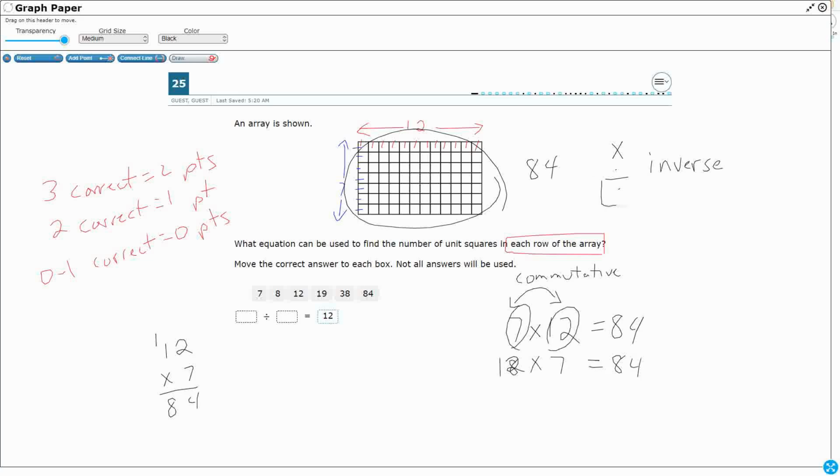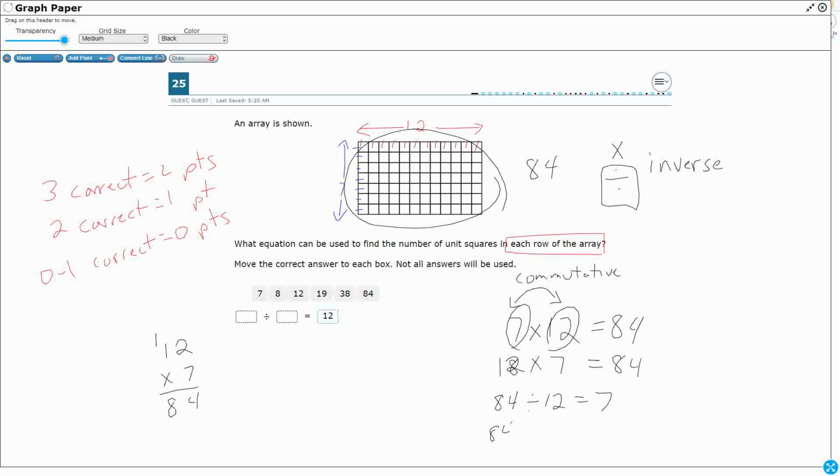Now, I also need to know that I can build some division number sentences with this. When we're talking about division, your dividend is the largest number. That's the total, so your total goes first. So I can say 84 divided by 12 equals 7. To be a fact family, it needs to use the same three numbers, 84, 12, and 7.